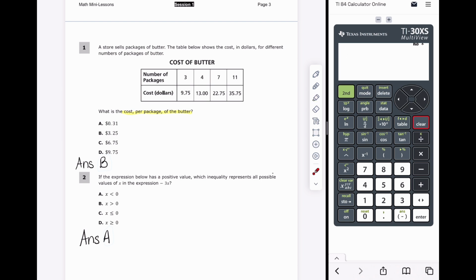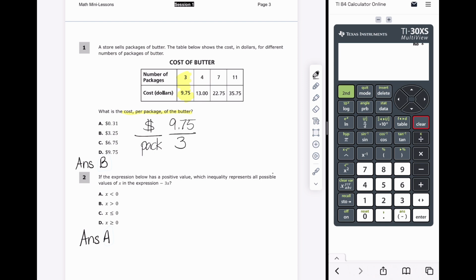Now, if I can use any of these rates, I always choose to find the simplest one, the most friendly of numbers to start off with. And because I want the cost per package, that's the rate that I'm going to write. So my cost is $9.75 for 3 packages.